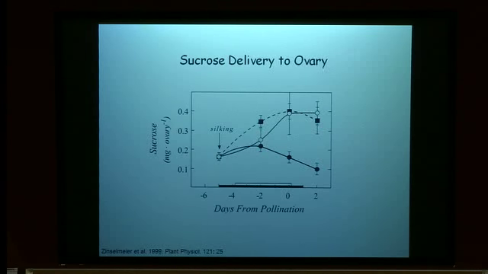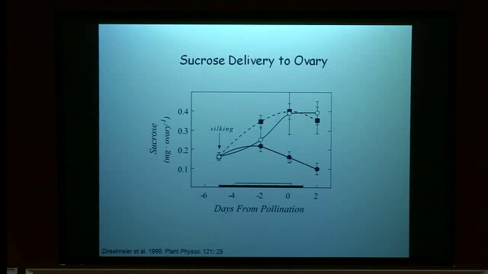First of all, what about sucrose in the ovary portion of the floret? We can see here that drought has resulted in a decrease in sucrose content of the ovary, shown on a per ovary basis.